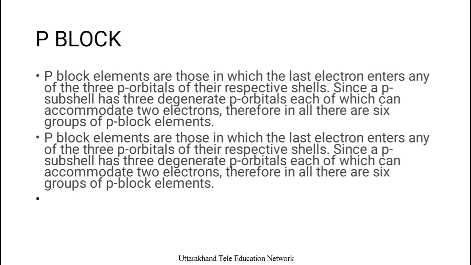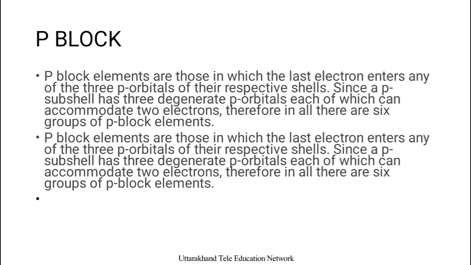Since a p subshell has 3 degenerate p orbitals, each of which can accommodate 2 electrons, therefore in all there are 6 groups of p block elements.